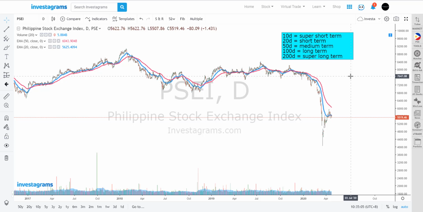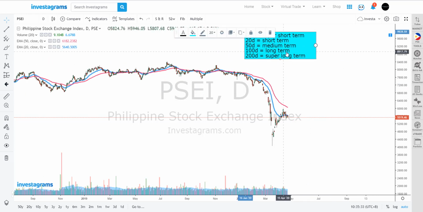So I find it a good balance between short-term opportunities and long-term opportunities. And then you have the longer term, 100-day and 200-day settings, right? So these longer term averages give you the more significant signals, the major turning points, whether you see major reversals or major trends happening. So that's where the 100-day and 200-day comes in.